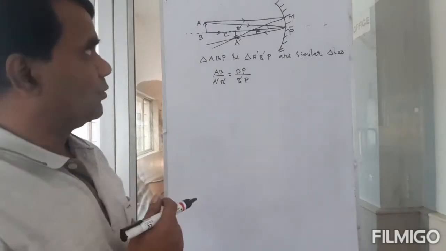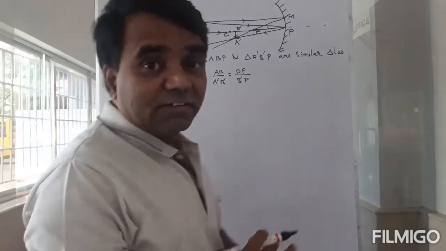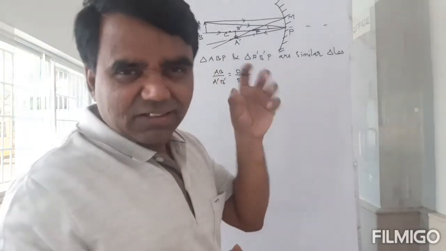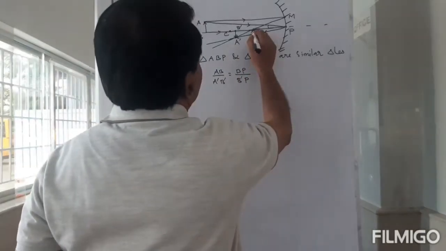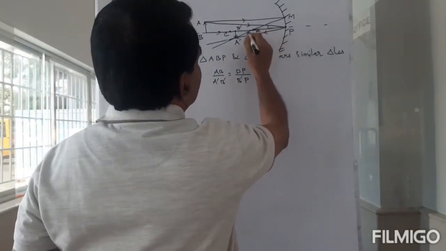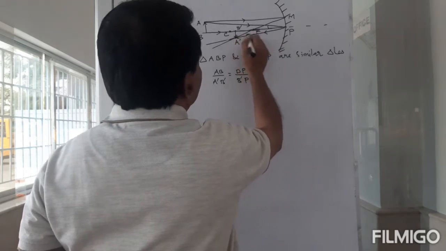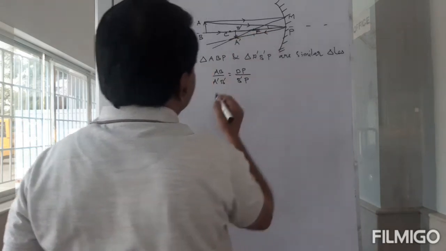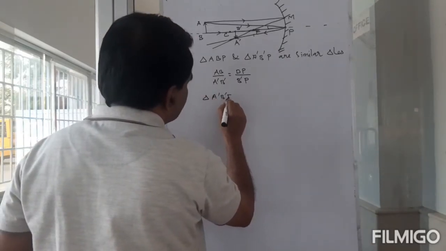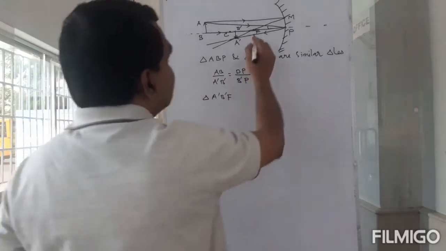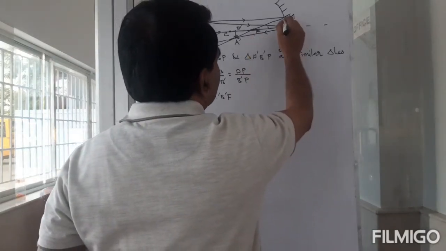And then what is the second one? I need the focal length, UV, and then I also need F, right? So where is this F thing? It's here. So can I take this triangle A dash B dash F, and F M? Well, actually this will be something else.